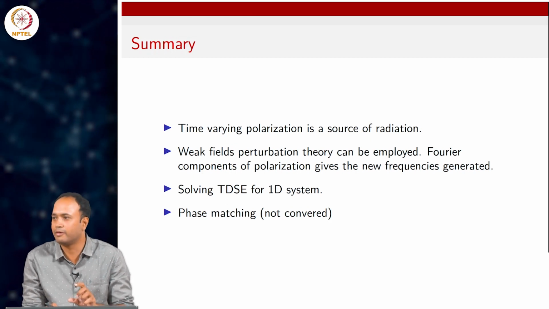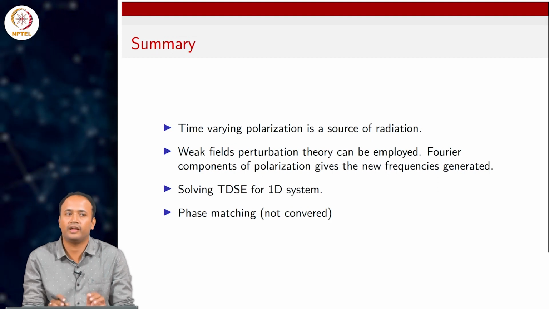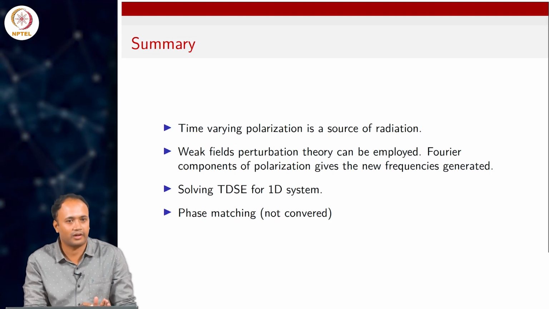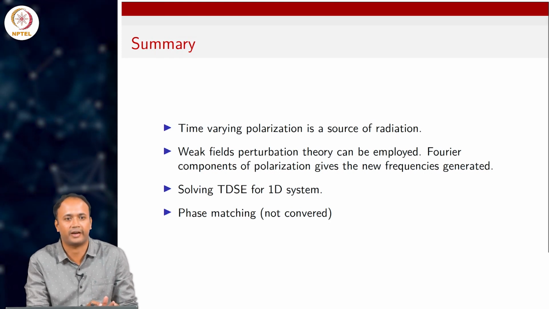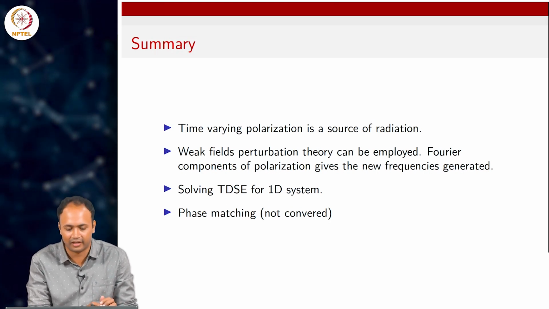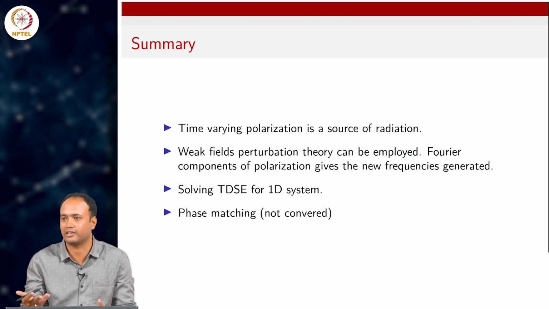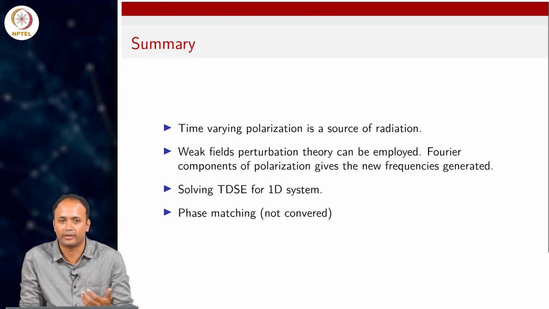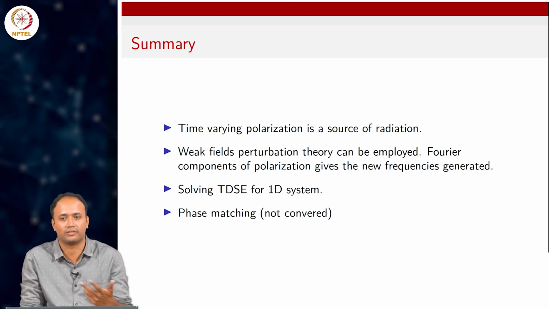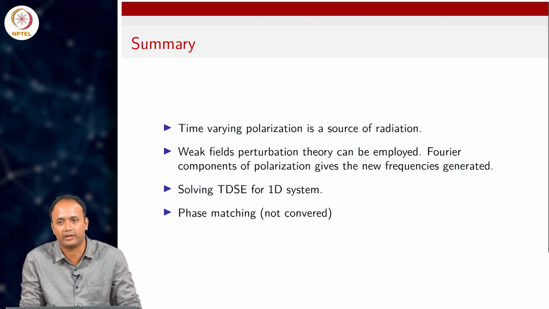We looked in more detail at what the atom is doing in the presence of the field. We computed the wave function, and what this wave function tells us about polarization through the expectation value of the dipole moment operator, and we saw how the polarization oscillates with respect to time. We saw P1 oscillates at the same frequency as the driver, P2 oscillates at twice the frequency. You see the linear dependence on the field, you see the quadratic dependence on the field.